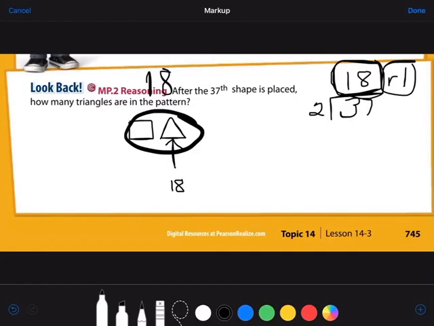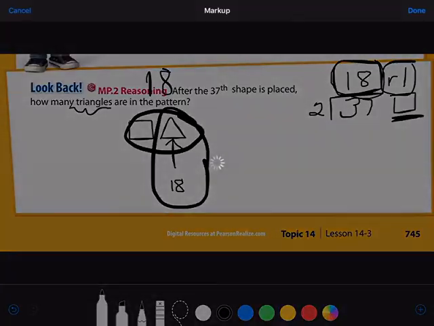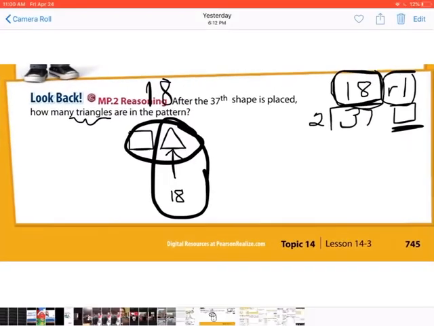Now, this was a square triangle pattern. So the 1 left over was a square. Well, we're looking for triangles. So we don't need to add on that 1 remaining. We only had 18 triangles in our pattern because the pattern repeated itself 18 times. Let's keep trucking along.